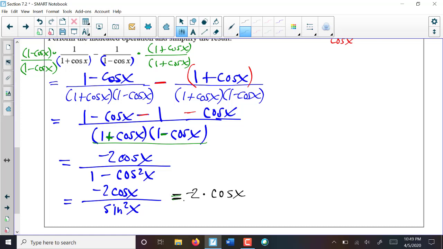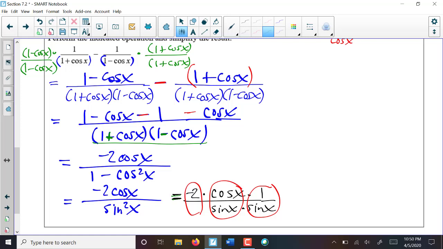And on the bottom, I have sine x times sine x, right? Sine squared x. So I can think of this as 3 different fractions being multiplied. This will be times 1. So it's negative 2 times cosine x over sine x times 1 over sine x.